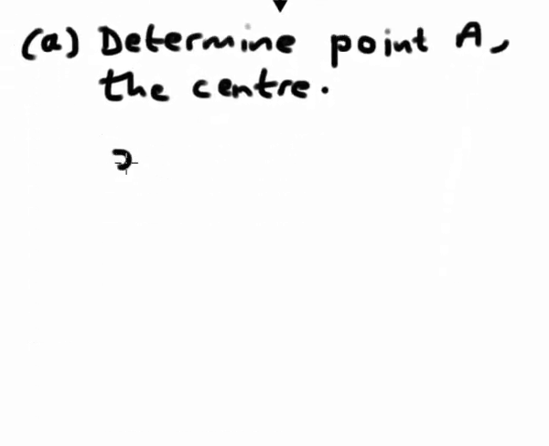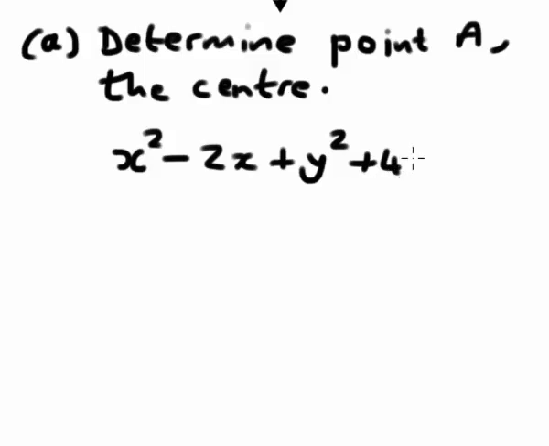So let's write it down. We've got x squared minus 2x plus y squared plus 4y is equal to t. If we complete the square, remember, what are we going to do? Let's make it a little bit easier, to save a little bit of space.